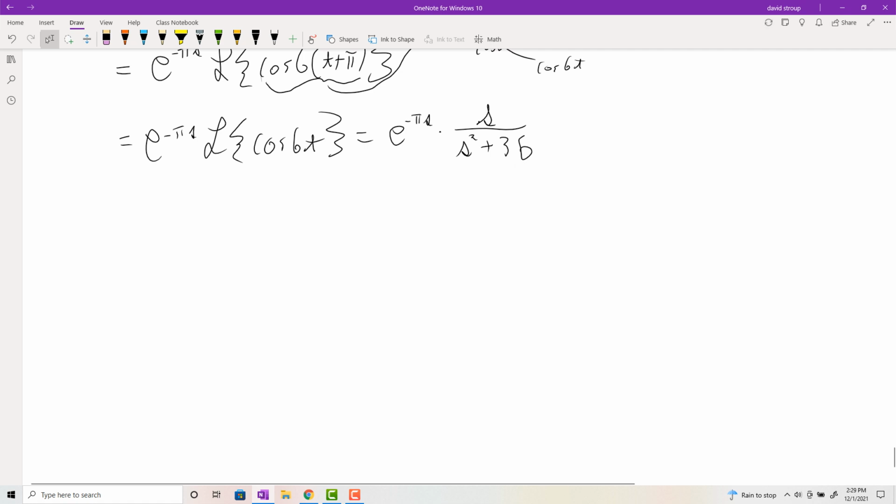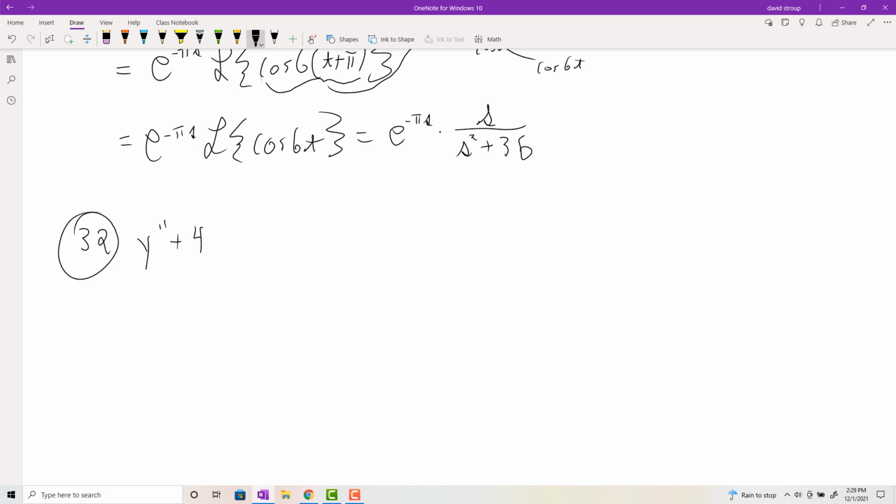Okay, let's look at one final question then, a differential equation with Heaviside functions. Problem 32, y double prime plus 4y equals sine of t times the Heaviside of t minus 2 pi. Okay, for Laplace we need initial conditions as well then. So y of 0 is 1, and then y prime of 0 is 0.